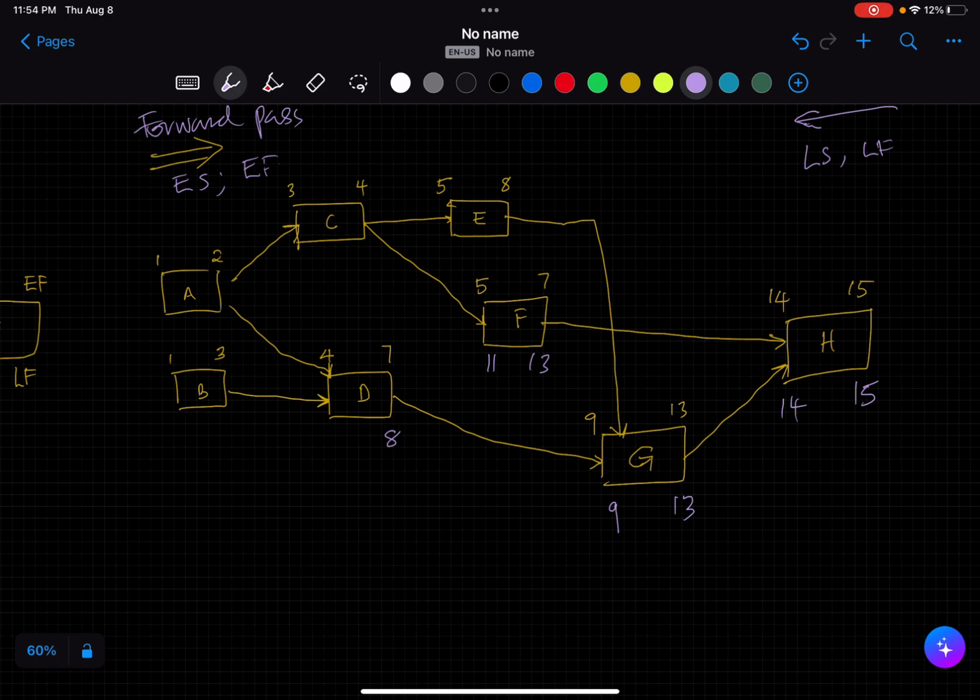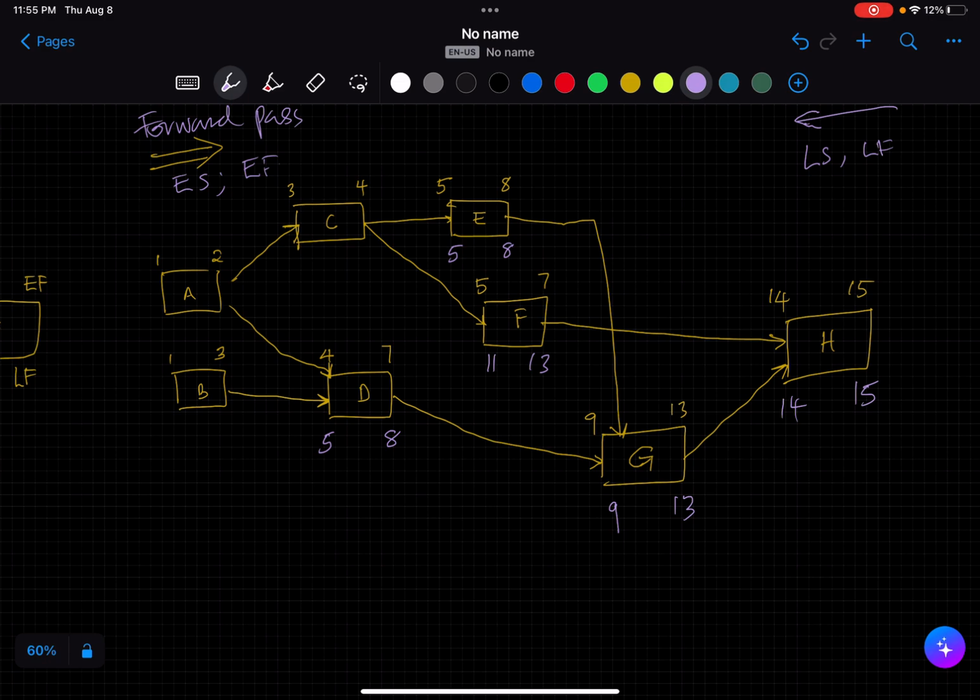And when we factor in the duration, the late start for D will be 5. Similarly, what's the late finish for E that won't impact the late start for G? Again, that will be 8. And minus 3 in this case will be 5.